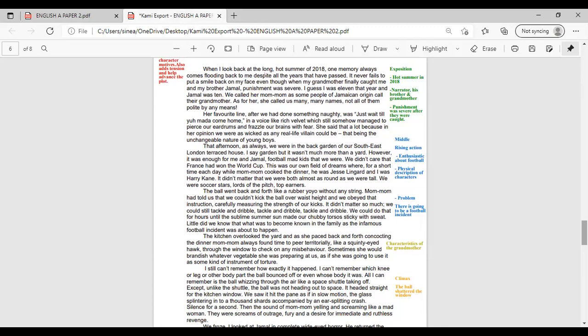Her favorite line, after we had done something naughty, was, "Just wait till your mother come home," in a voice like rich velvet, which still somehow managed to pierce our eardrums and frazzle our brains with fear. She said that a lot because, in her opinion, we were as wicked as any real life villain could be, that being the unchangeable nature of young boys.